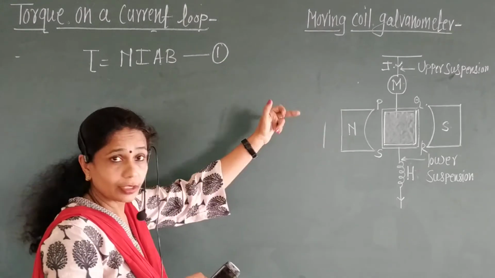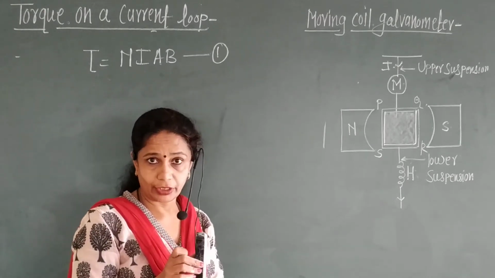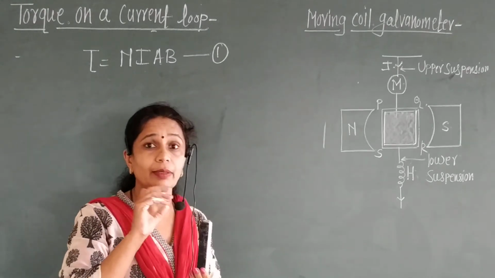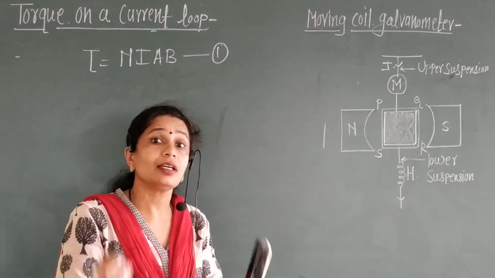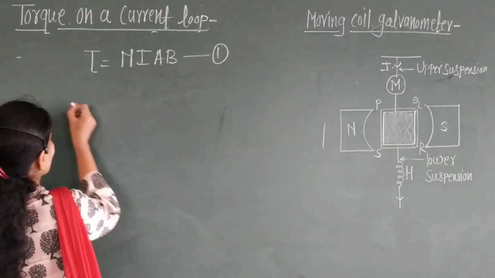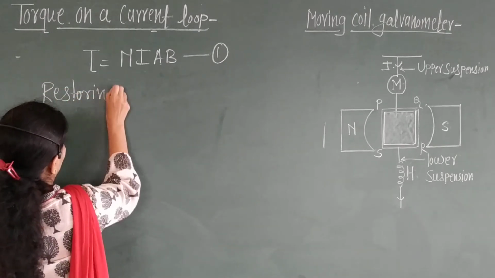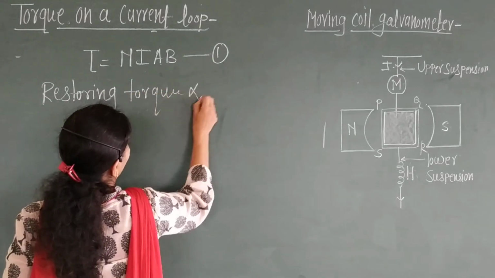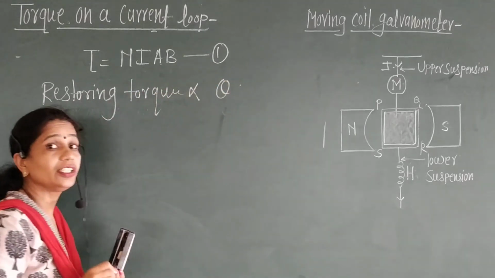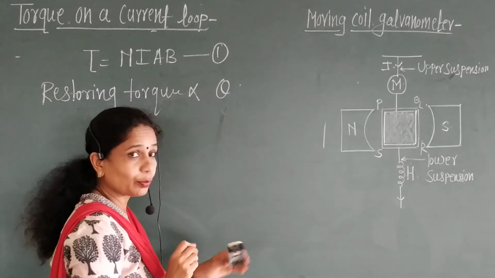When the torque is acting on the coil, it gets rotated. Therefore, the suspension fiber gets twisted. Therefore, this produces the restoring torque, and that restoring torque is directly proportional to theta.